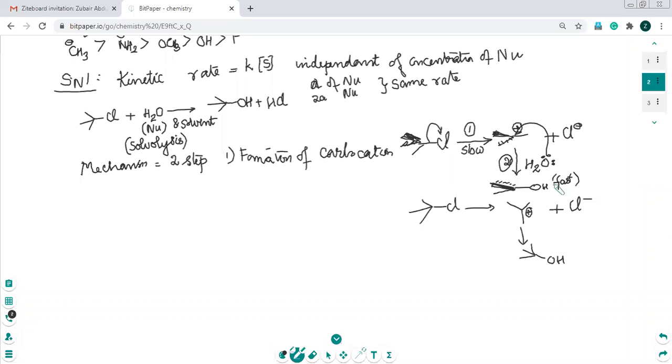Look at the stability of the starting material and the product in each case. Look at this one. This is a neutral molecule. This is a carbocation.